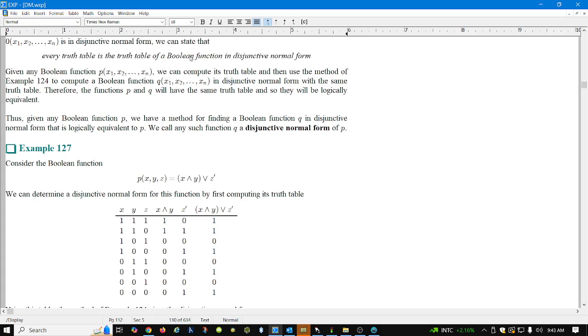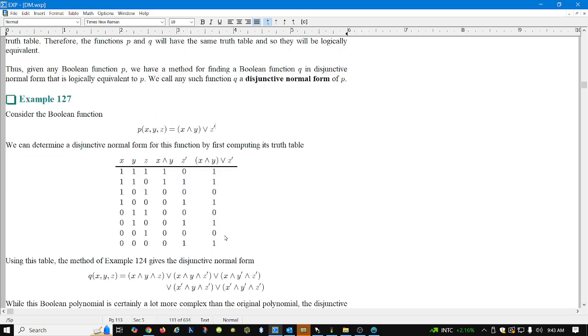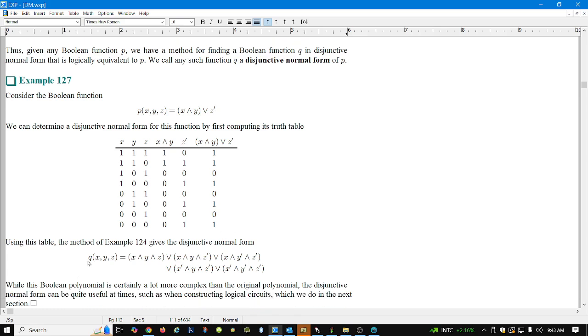We take P, we find its truth table, and then from that we can construct Q. So here is a polynomial. It's not in disjunctive normal form. But we compute its truth table, then use the method we did in the last example, and we get another Boolean function that is in disjunctive normal form.